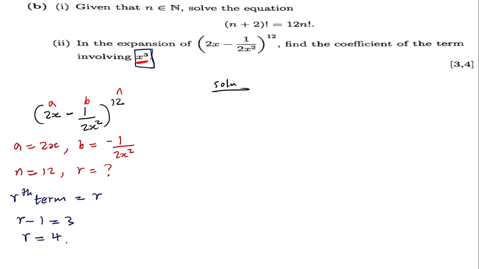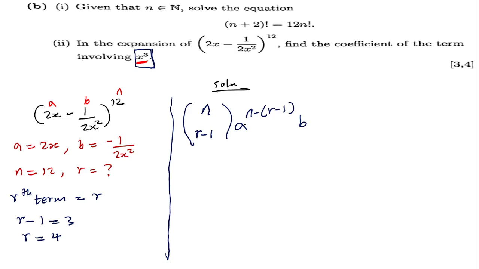After finding the rth term, we can easily use the formula. And this formula is n combination r minus 1, then a to the power n minus r minus 1, and then b to the power r minus 1.